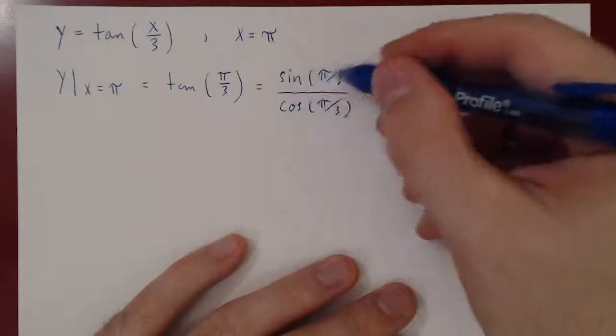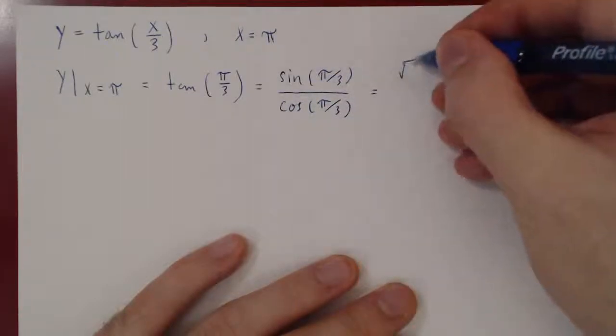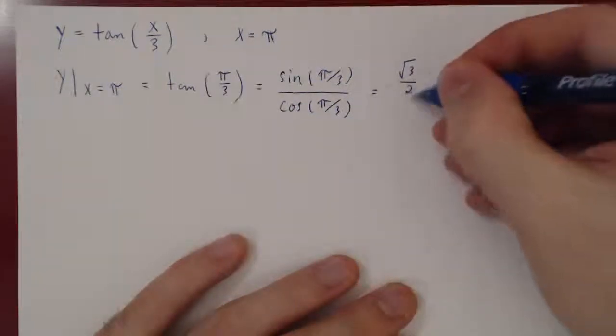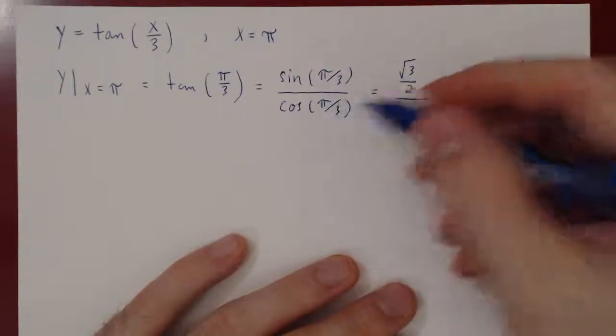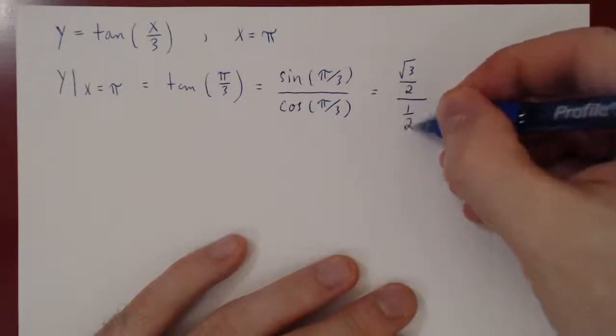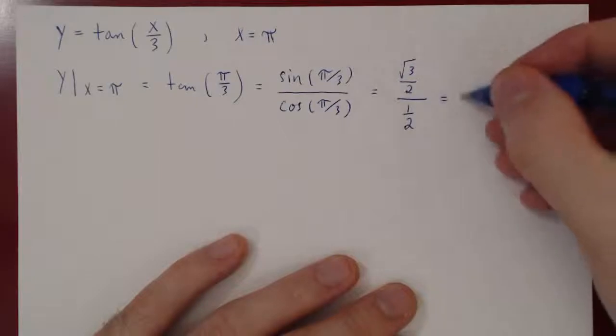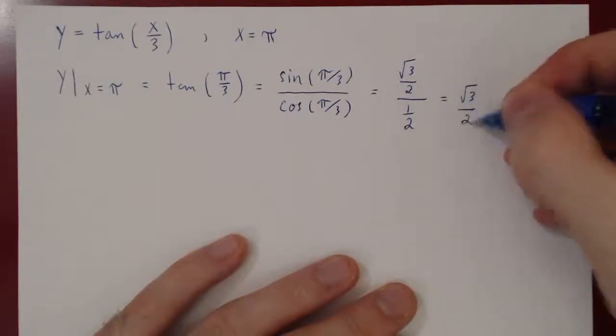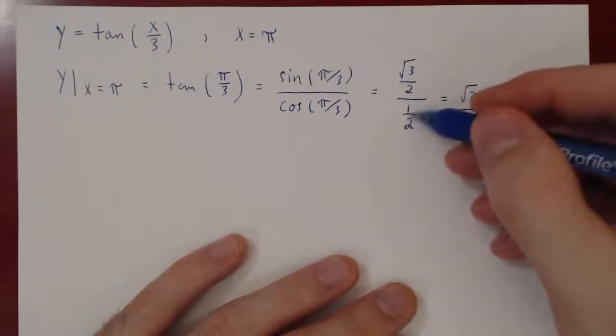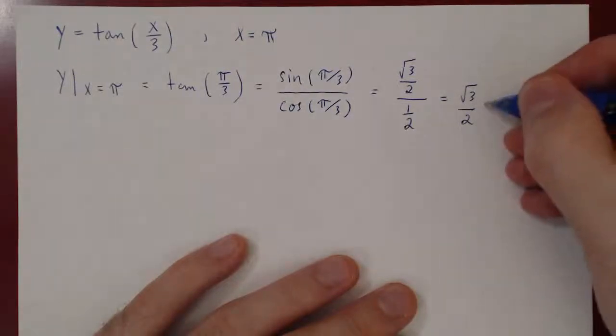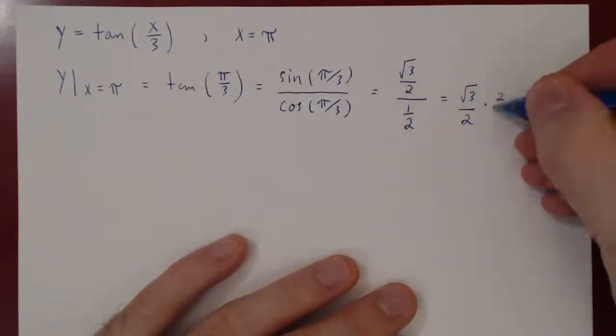So if you remember, sine of pi over 3 is root of 3 divided by 2, over cos of pi over 3, which is 1/2. Well, we have root 3 over 2 on top. And if you divide by a fraction, you multiply by the reciprocal, so you multiply by 2 over 1.